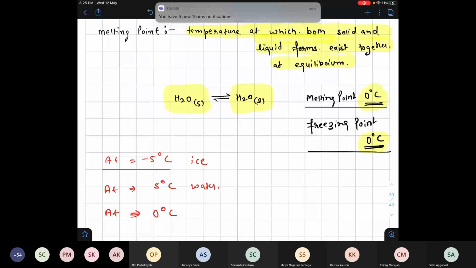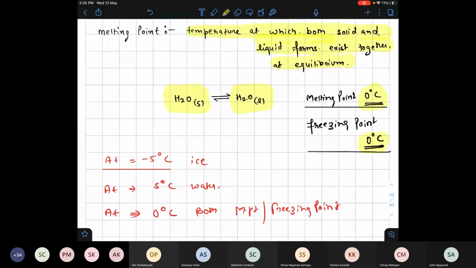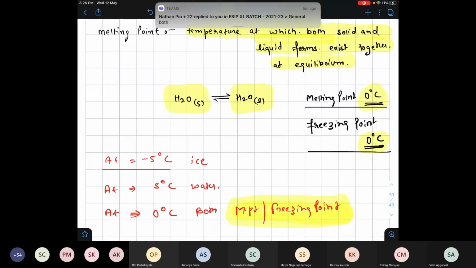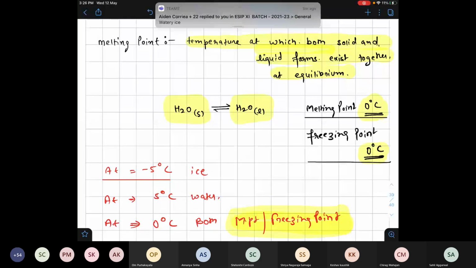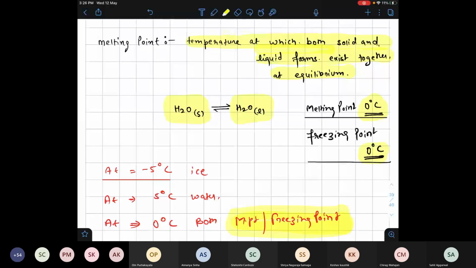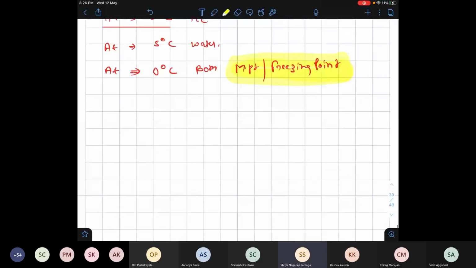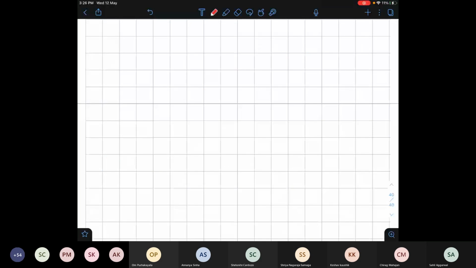This is melting point or freezing point. Okay, sir. Understood? Yes, sir. All of you understood? What is boiling point?